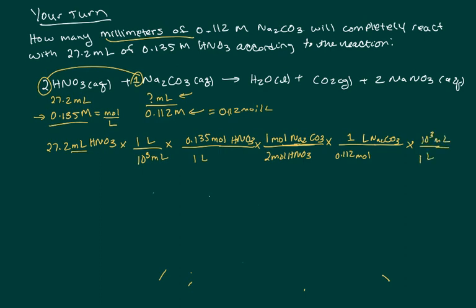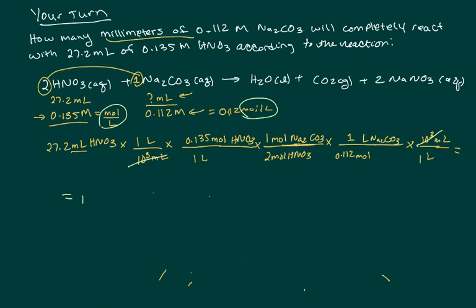But notice when I do that, I can simplify the math. I just showed you this as an extra step, converting to liters, because I wanted you to see how we take into account these units. But since 10 to the third is on the top and 10 to the third is on the bottom, I can just cancel those out. And go ahead and multiply the rest of this out.